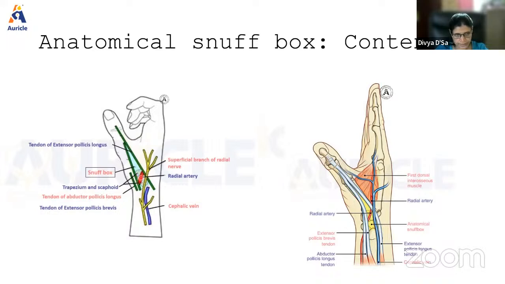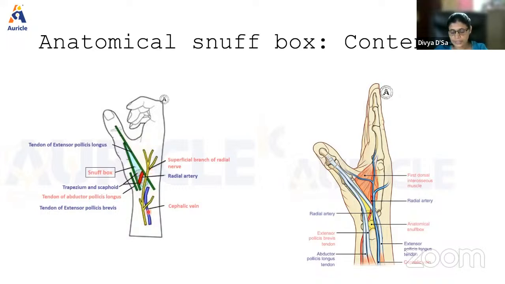The structures which cross the roof, deep to the skin, are the cephalic vein, which turns from medial to lateral side, and the terminal branches of the superficial radial nerve, which cross from lateral to medial side.